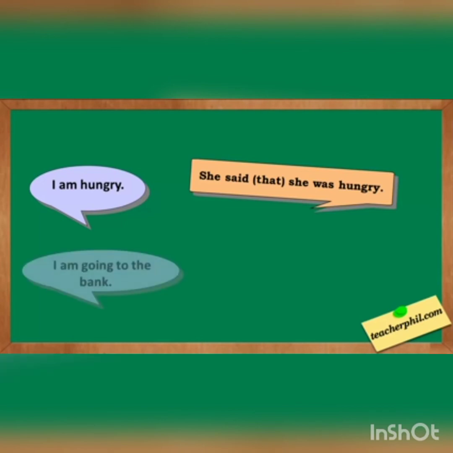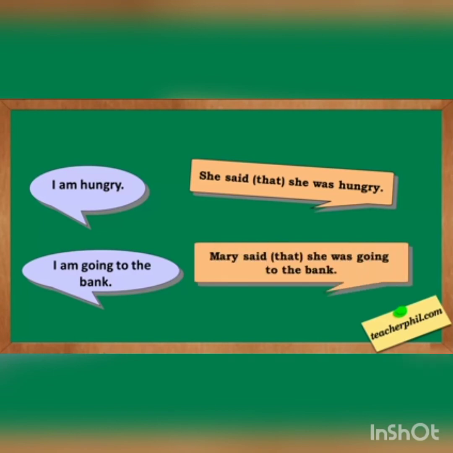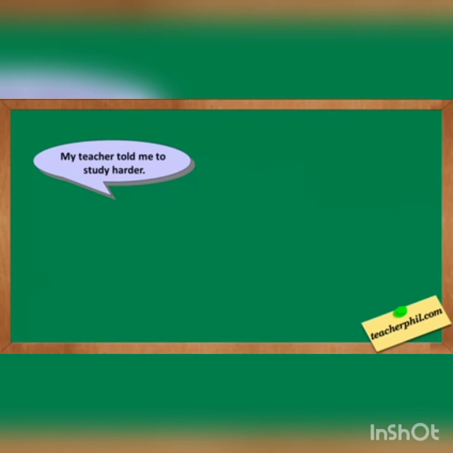The next one: "I am going to the bank." The speaker of the sentence is Mary. The indirect speech is, Mary said that she was going to the bank. Or, Mary said she was going to the bank. Another one: "My teacher told me to study harder."